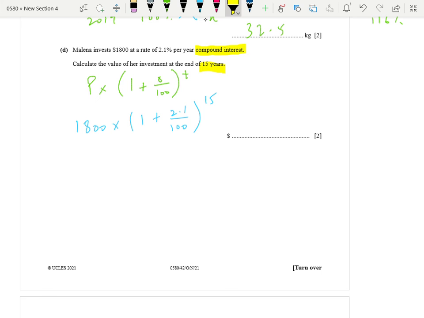Time is right here, rate is right here, and this is principal. So principal, rate, and time. Just put it into the formula and you get the magic done. Right, so I'm getting $2,458.